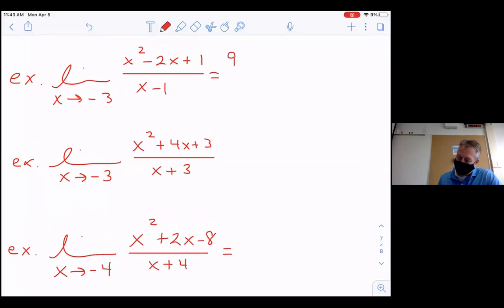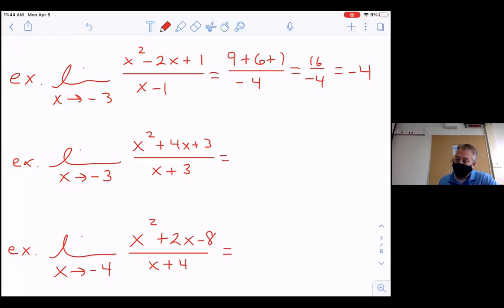And negative 2 times negative 3 will be plus 6 plus 1. My denominator is negative 3 minus 1, which is negative 4. And so what do we get? 16 over negative 4, which is negative 4. Okay. So we just did a direct substitution. That's always the easiest way. So we always want to try that first.